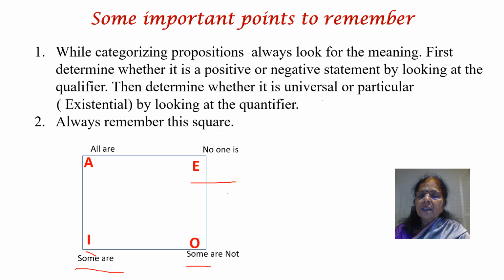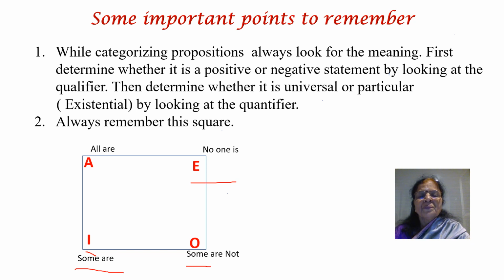A few is again I type. Almost all is only some are, I type. Many people are good. It is not all. It is some are, particular, I. Generally, all are present. Generally, many are present. Again, I.